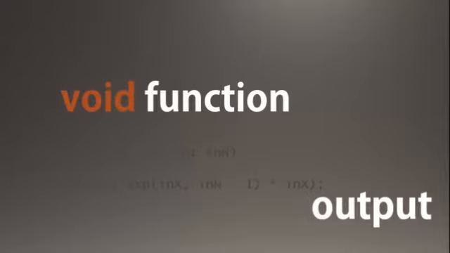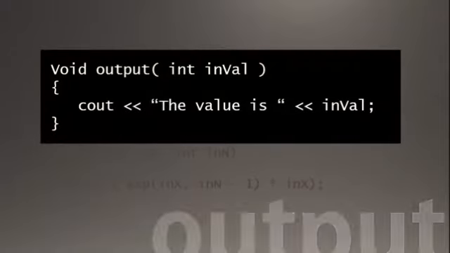There is no value that is going to be returned back to the calling function. It's simply going to output the data and then be completed. This type of a function that doesn't return a value is known as a void function. Void is a keyword, and it tells the compiler that nothing comes back from this function.